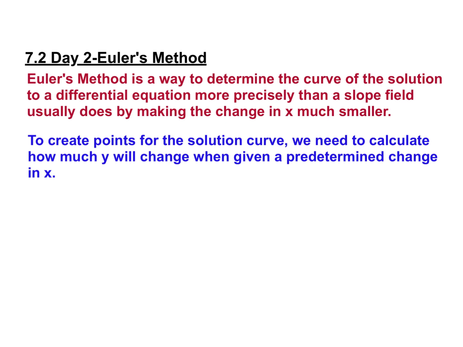The tricky thing about Euler's method is that it's more complicated than just saying if x moves by this, then y moves by this. So we're going to create this little table, and I'm going to show you a good way to organize all your work.